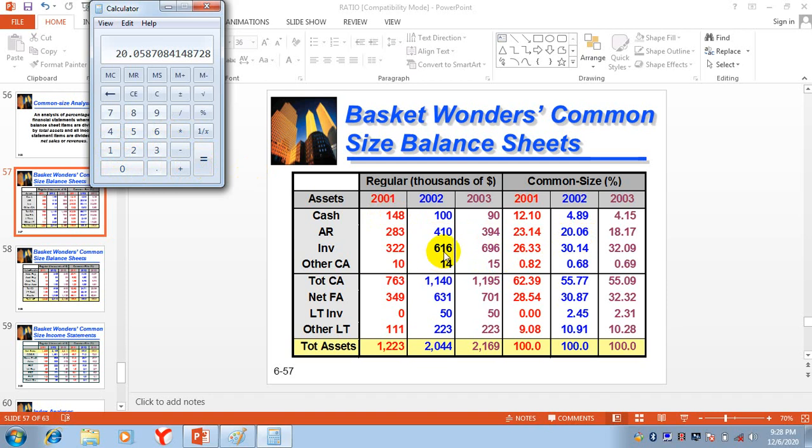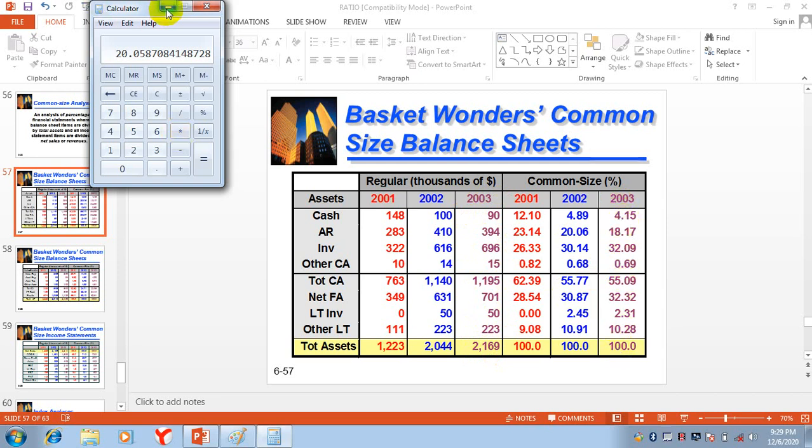Similarly, this divided by this, then 14 divided by this, then 1140 divided by this. So we are getting all these percentages. Similarly, for 2003, first item 90 divided by 2169, then 394 divided by 2169. So we will get these percentages.